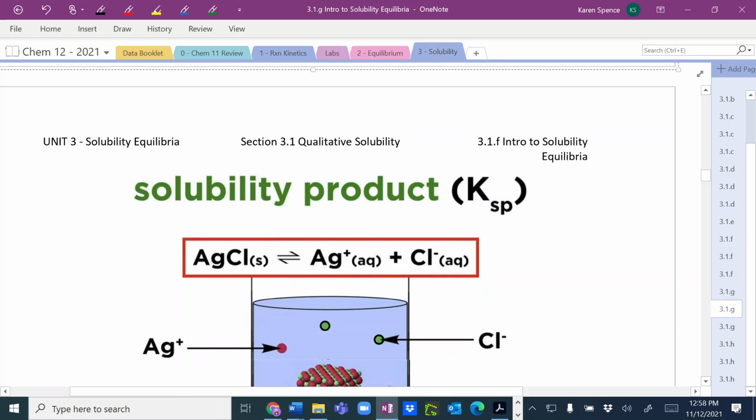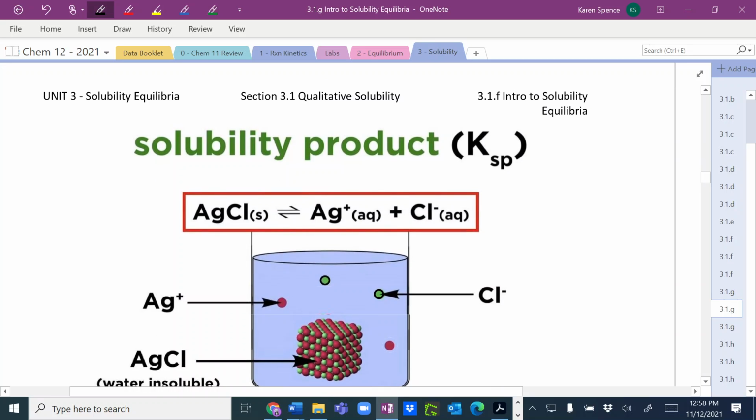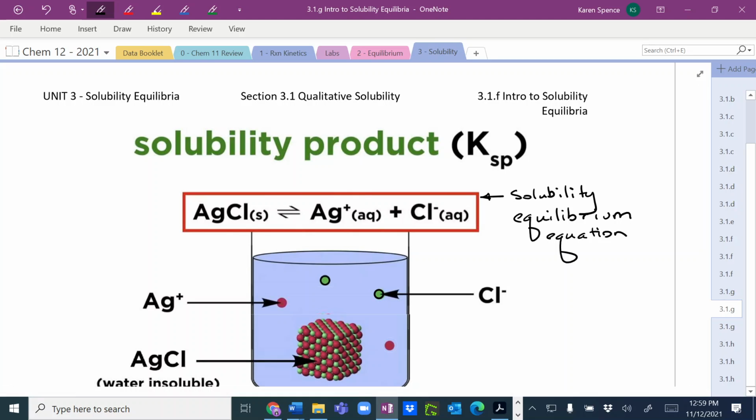But for this one, you will be expected to write this. This is called the solubility equilibrium equation. Also known as the dissociation equilibrium equation.